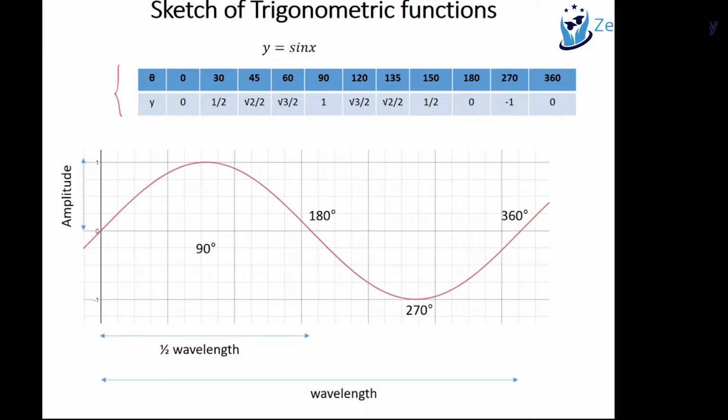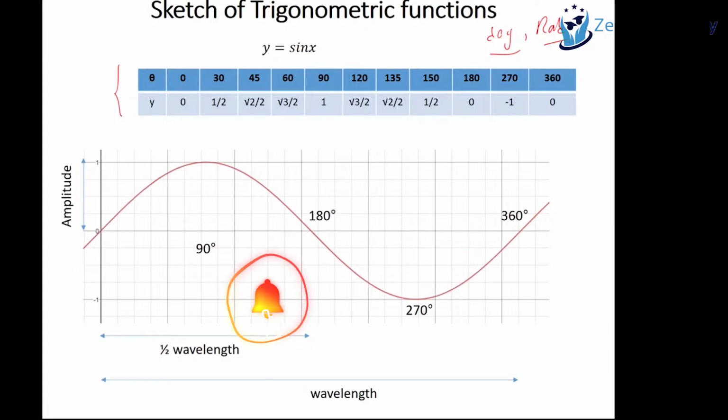For the sine, we usually have the input as angles. The unit of this angle could be degree, could be radian, so you have to be careful about what unit you're using. In your calculator, you need to know how to input this in degree or radian.